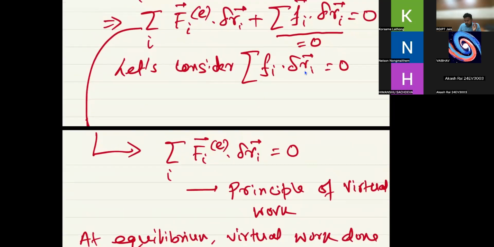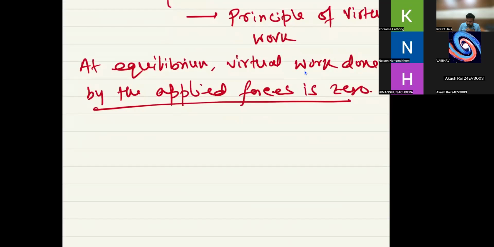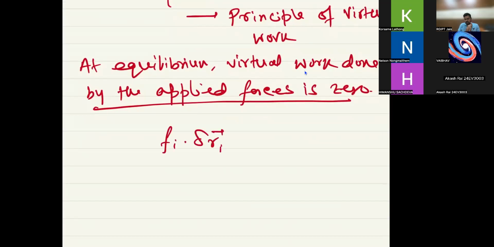Now we have considered this term is equal to 0. But can you guys tell me with some example where this term is not 0? I told you that the work done by the forces due to constraint is generally 0.